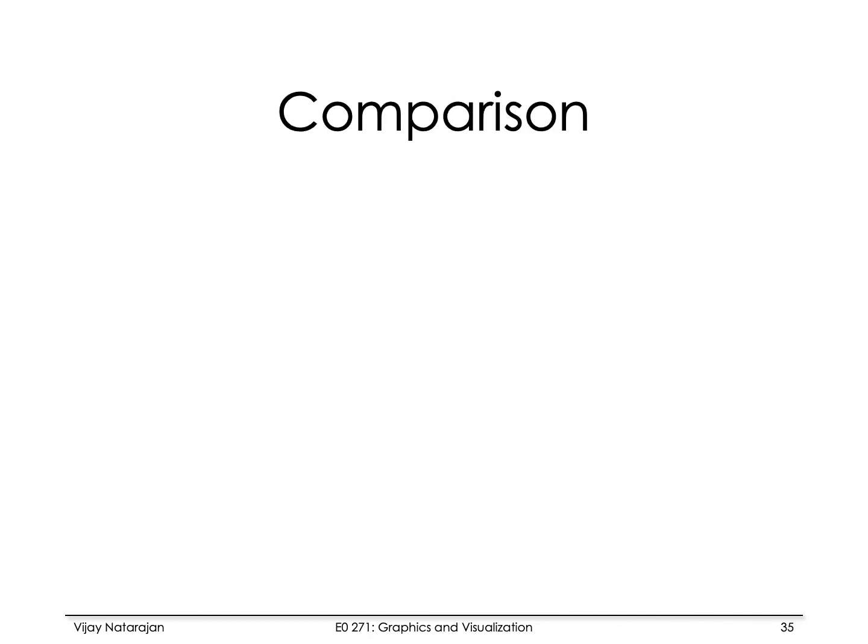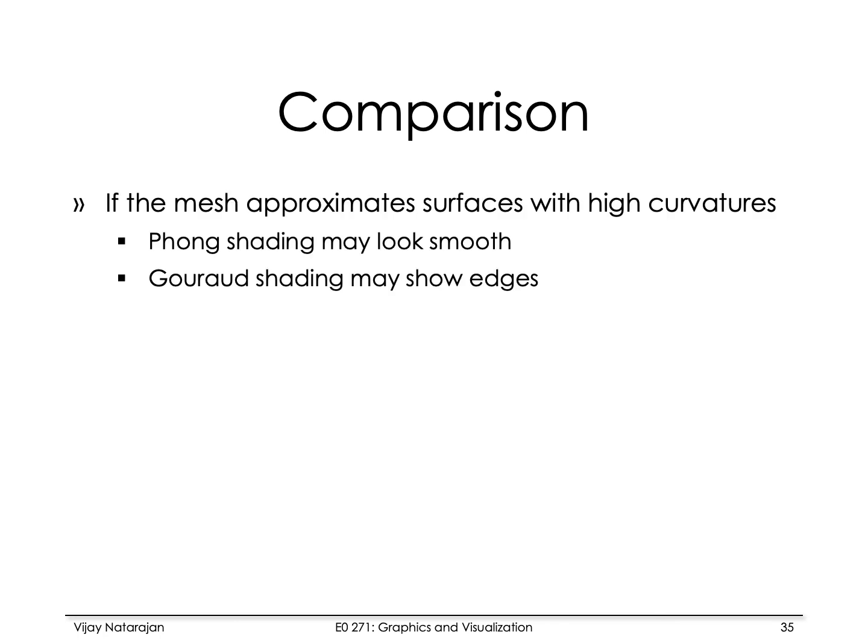A quick comparison. If you have meshes that approximate high curvature surfaces, by high curvature we mean surfaces where the normal changes rapidly, then Phong shading may generate smooth looking images, whereas Gouraud shading will show you edges, especially where the normal is changing rapidly, right?